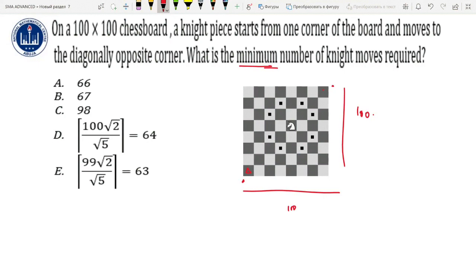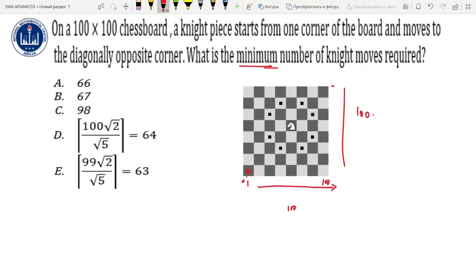First of all, we have to remember a knight can only move in the horizontal direction or in the vertical direction, so we have to sum up some things. For a knight to go from here to here, its net horizontal movement should be what? What I mean by net is the number of times it moves to the right minus the number of times it moves to the left.